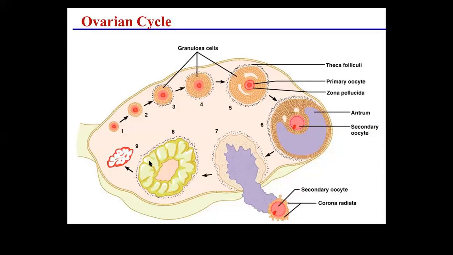In pregnancy, it lives for 3 to 6 months. What is the function? It secretes progesterone for the maintenance of the pregnancy. Okay, if there is no fertilization, then it is called as corpus luteum of menstruation. What is the lifetime? It lives for 7 to 14 days and then regresses to corpus albicans.